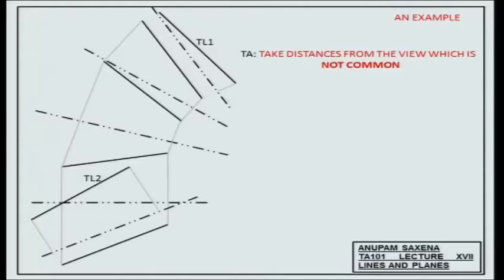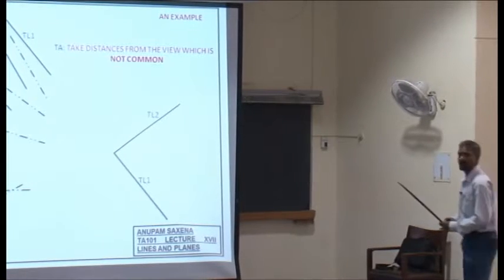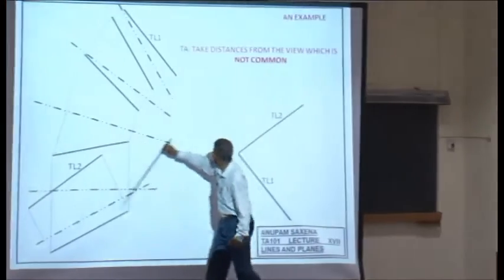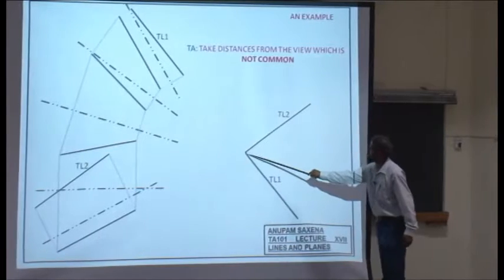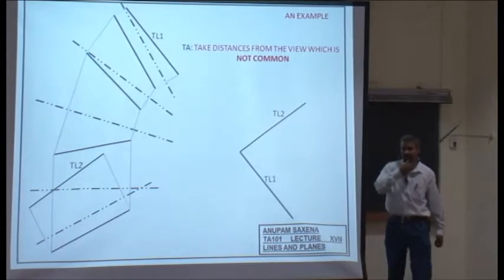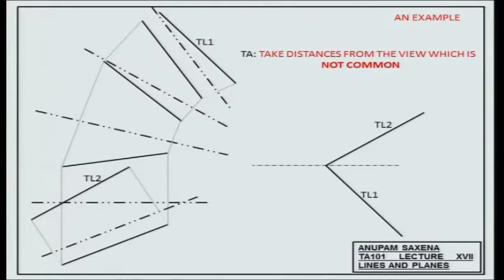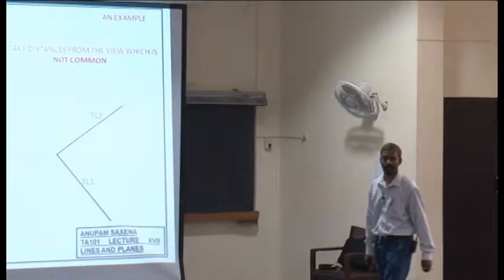One shot, multiple shots, I should be getting the same result, isn't it? So this is my TL2, this is my TL1, okay? Same orientation, TL1, TL2, and if I let one of the vertices of these two lines coincide, draw an arc, I confirm that I'll be getting the true length of the line.